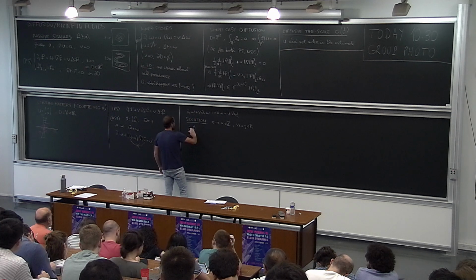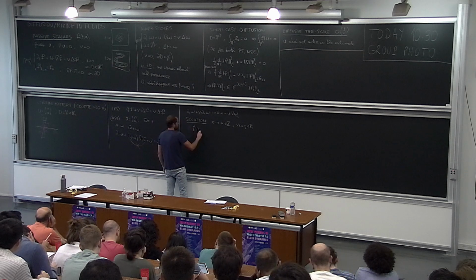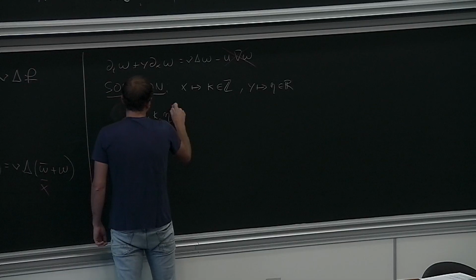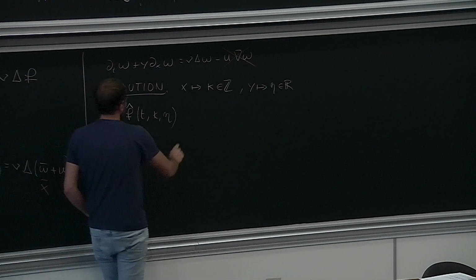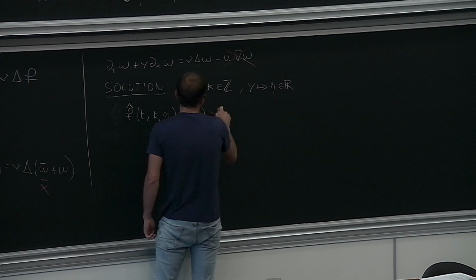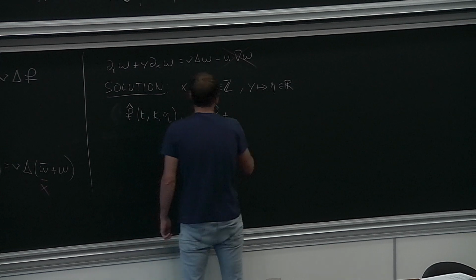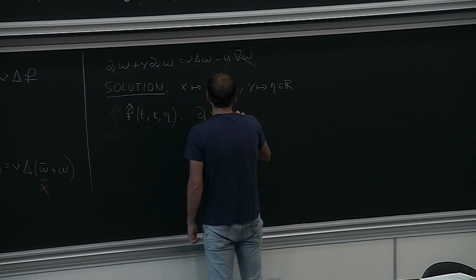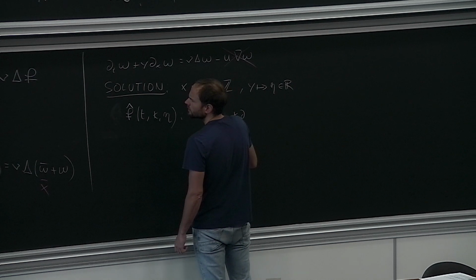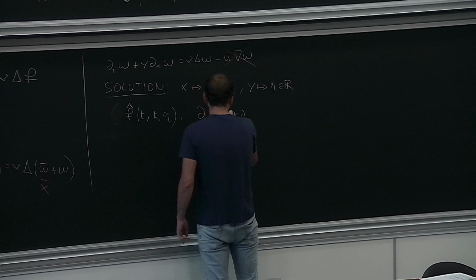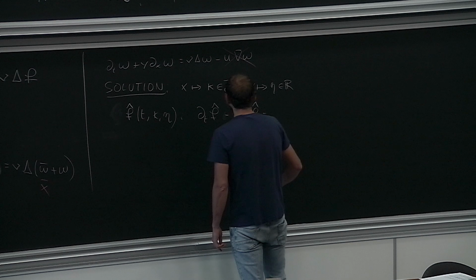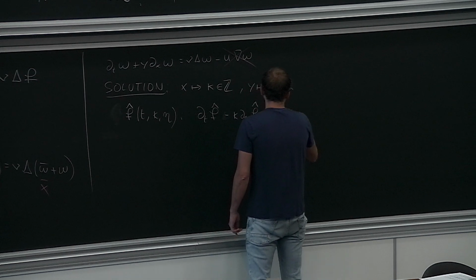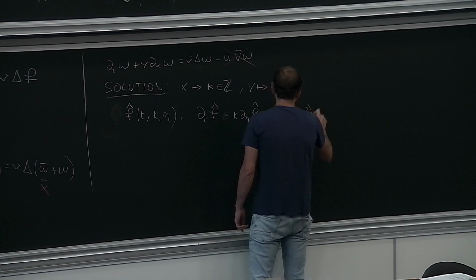So f hat, a function of t, k, eta, satisfies dt f hat plus k times i times i, which is minus 1, d eta f hat, equals minus nu (k squared plus eta squared) f hat.